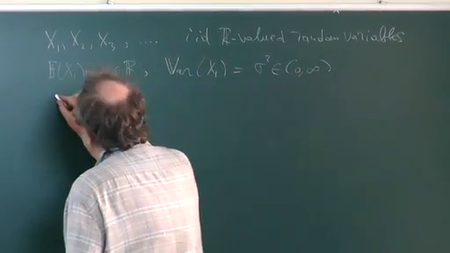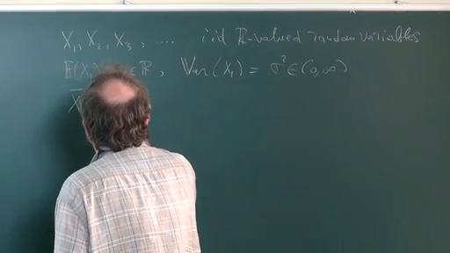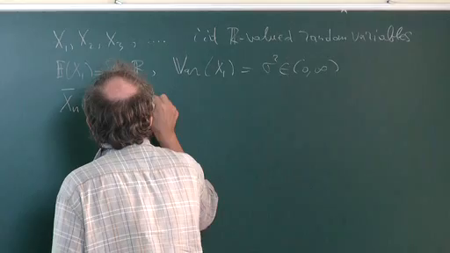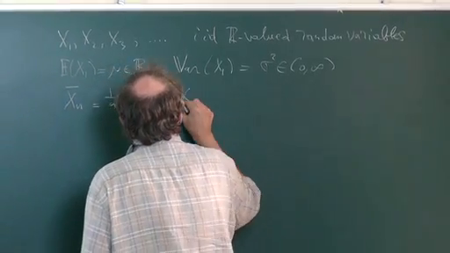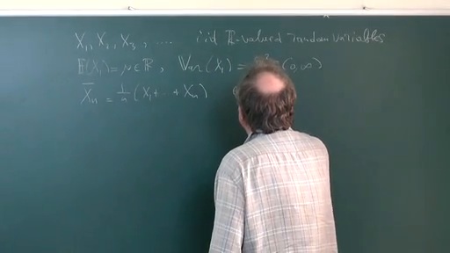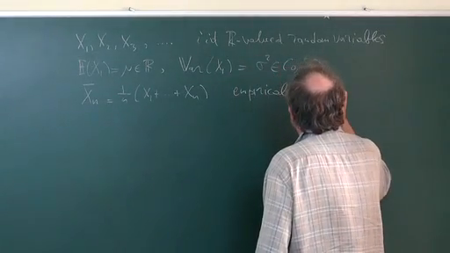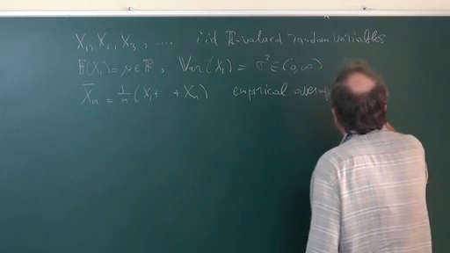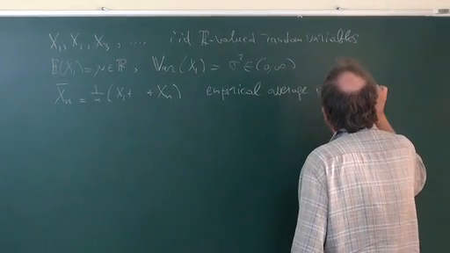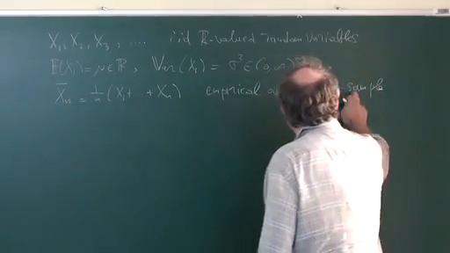Then I introduce a quantity that I call X bar n. It is 1 over n times the sum of the first n of these variables. So this is what we call the empirical average of the sample of the first n quantities.